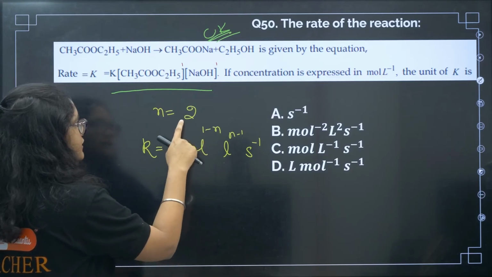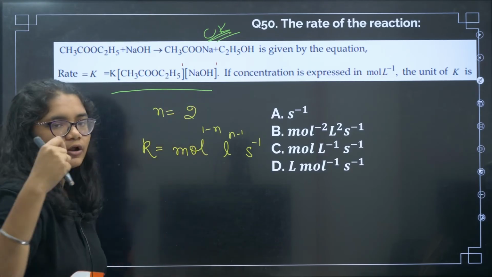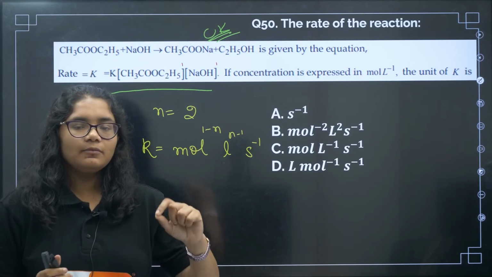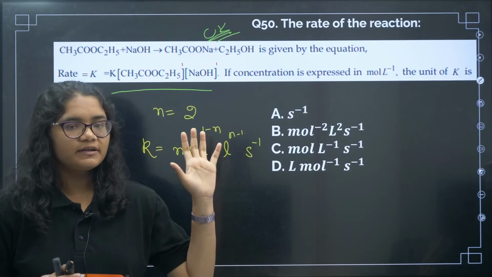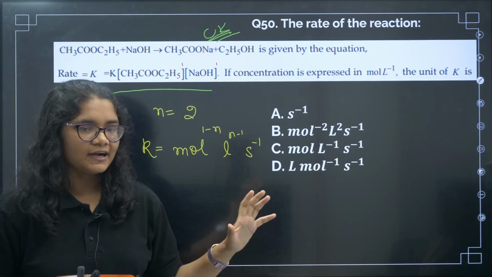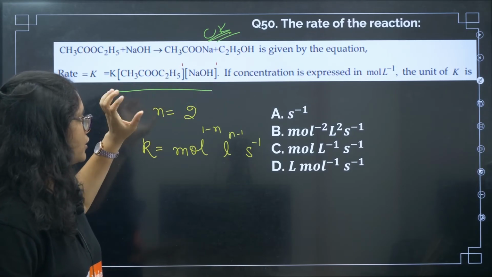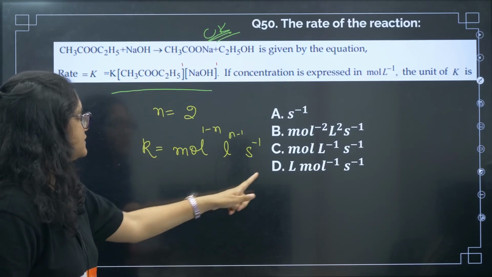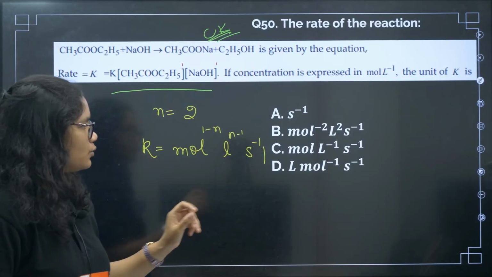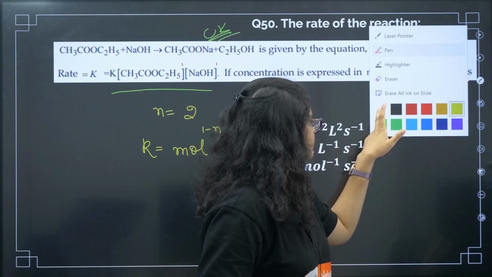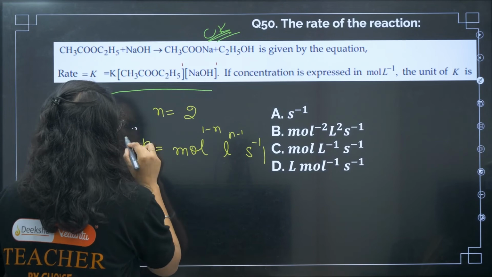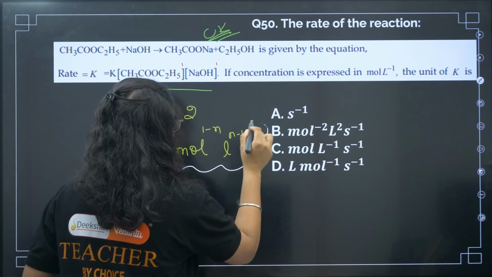How I got the order is 2, you need to add the overall order, right? The sum of the powers of the concentration terms of the individual reactants. So here power is 1, here power is 1, so if I add, the overall order of the reaction is 2. Now this is the general formula to find the unit of rate constant of any reaction, right?